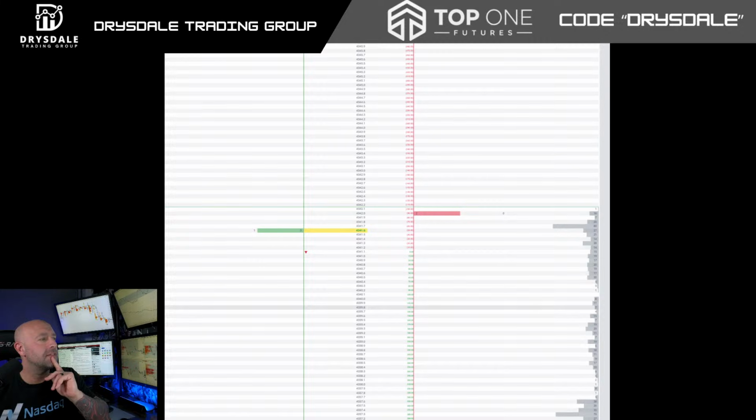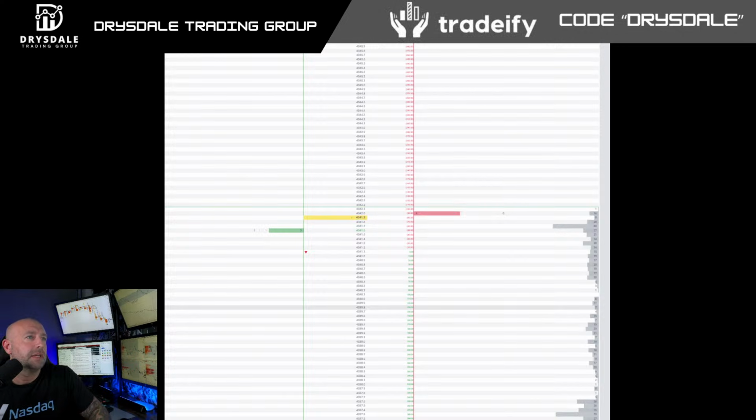Okay, so this is weekly VWAP here. This is where we can look for a short trade as we get up to it. It's pretty much at 43, about 10 ticks from here.